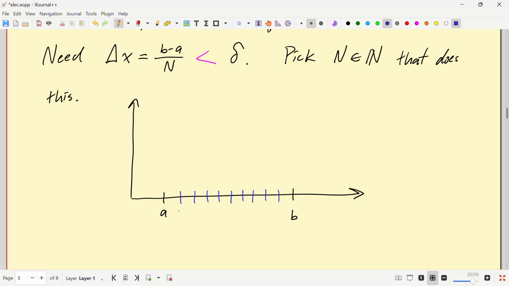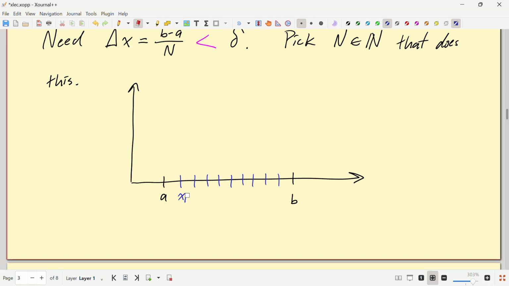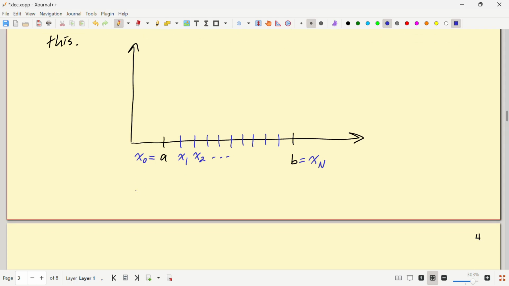These would be the xk's. a would be x naught, this is x1, x2, and b would be x sub n, dot, dot, dot. And I'd have a formula for those: x sub k is equal to a plus k times my delta x.